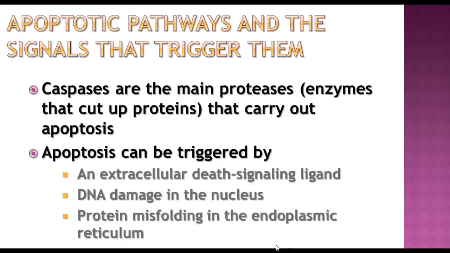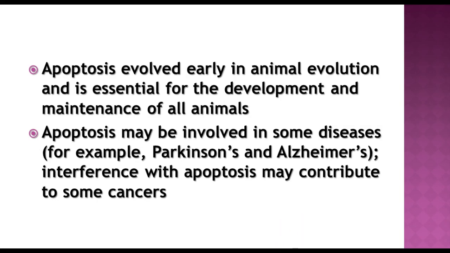The main proteases, or enzymes, that cause this process are called caspases. And there are a number of different things that can trigger apoptosis, including extracellular ligands, DNA damage in the nucleus, and sometimes protein misfolding in the ER. This is a process that developed early in animal evolution, and it's essential for development of animals.